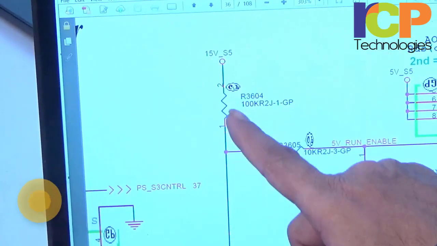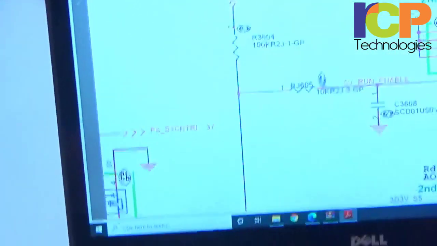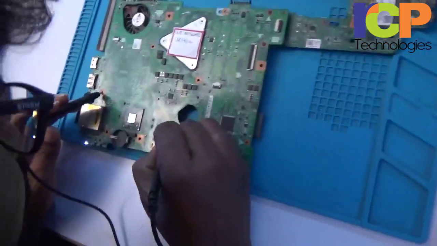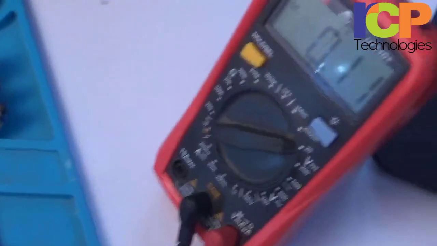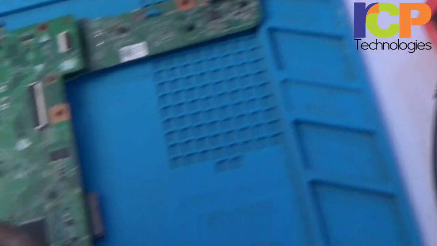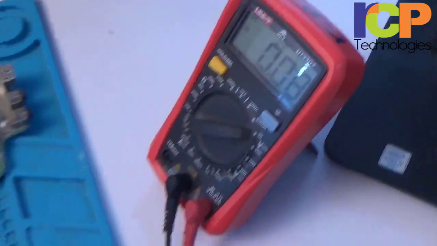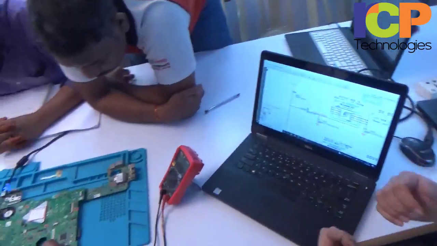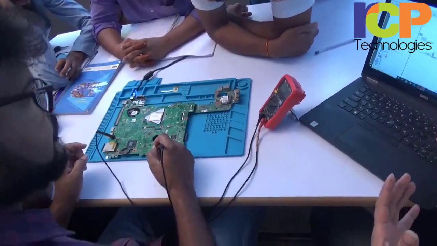Where can you check? At this resistor. So identify the resistor R3604 and check the voltage on both sides. 0.11. So no voltage. Okay, that means 15 volts S5 is missing. Yes, sir. So where is this voltage coming from? That we will search.